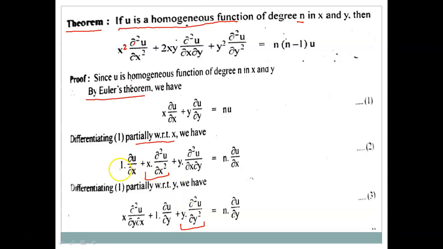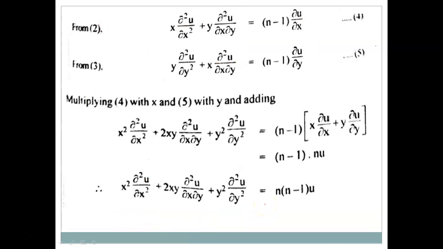In fact, if we multiply this whole equation with x, we'll get x square here, and when we multiply this whole equation with y, we'll get y square here. So we will get around this expression on the left hand side. Some terms of these types can be obtained, and then we can proceed further. So that is why we shall multiply this equation 2 with x, and equation 3 throughout with y, and then add.